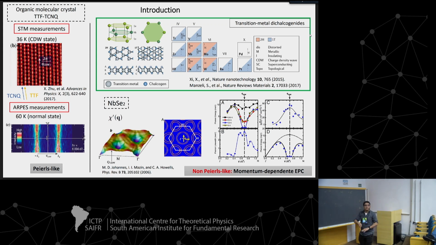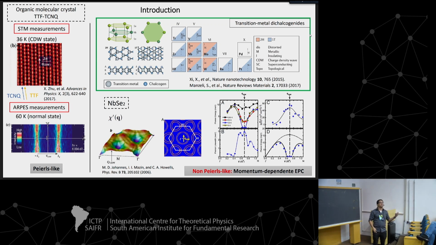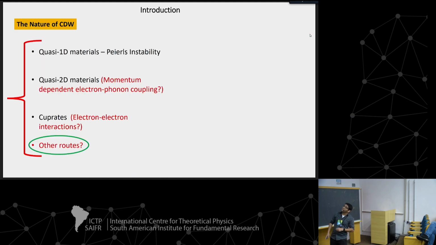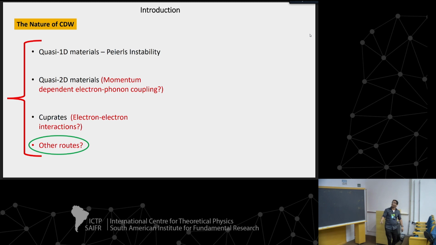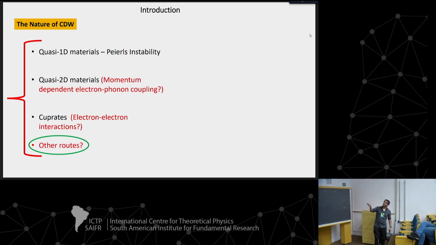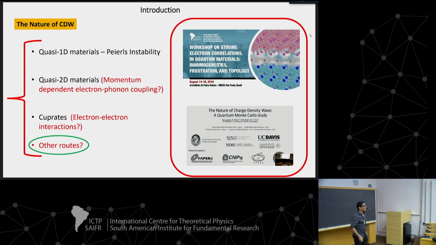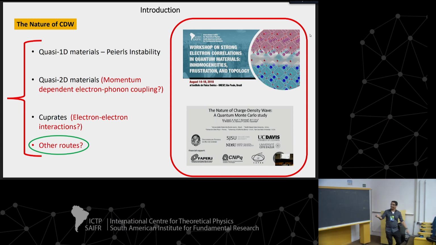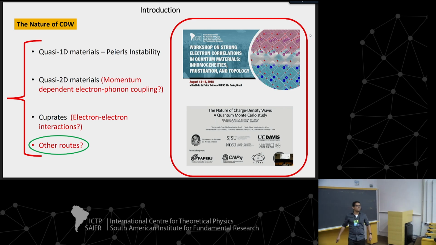It doesn't have any of these ingredients that lead to Peierls instability, even though it has charge density wave. So studying the nature of the charge density wave is very interesting because there are many other roads beyond the Peierls instability. But this was my talk 5 years ago in the same workshop, so I have to move on.